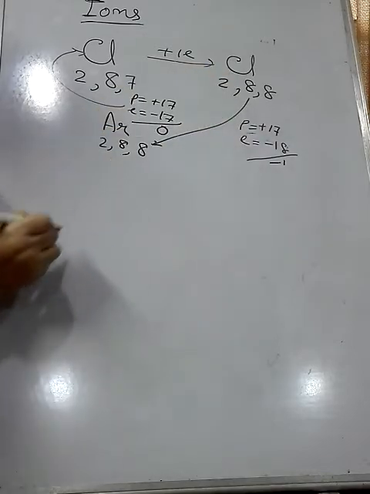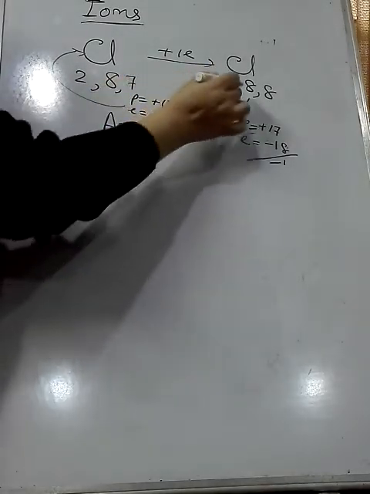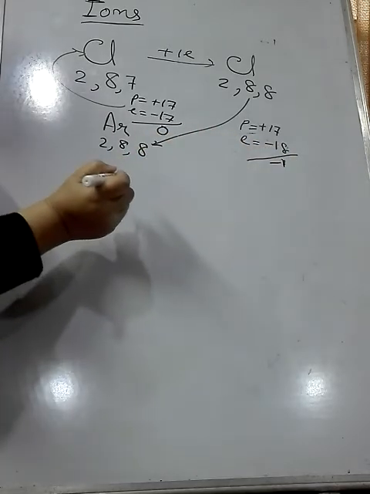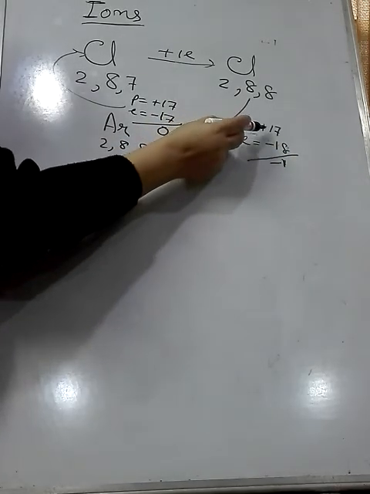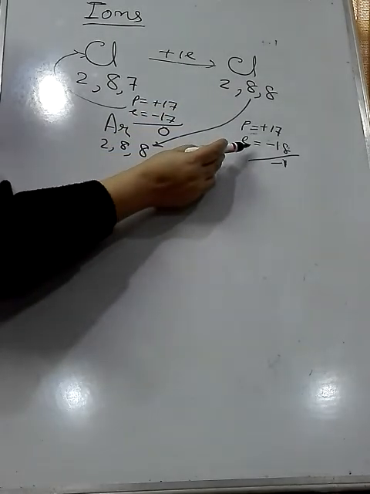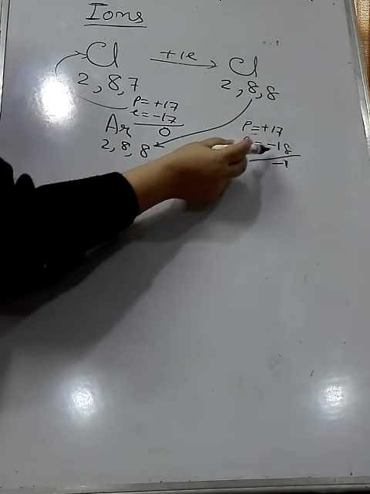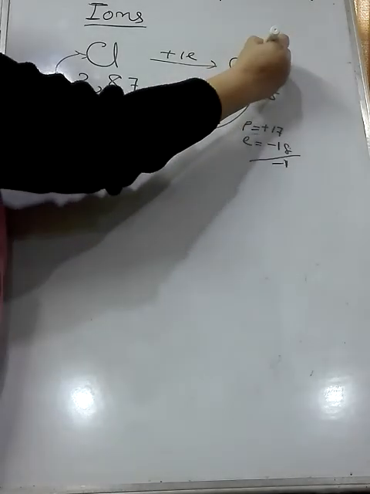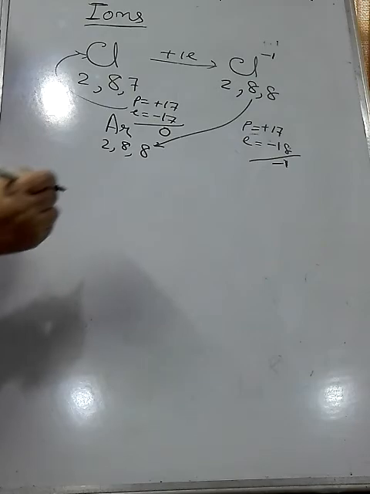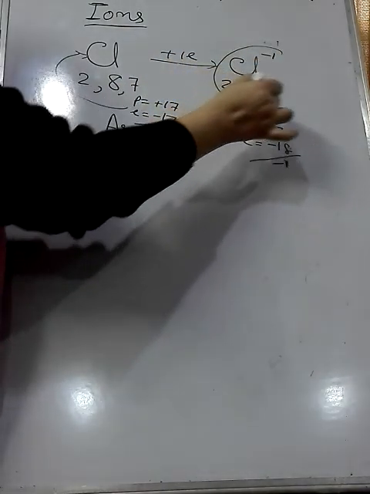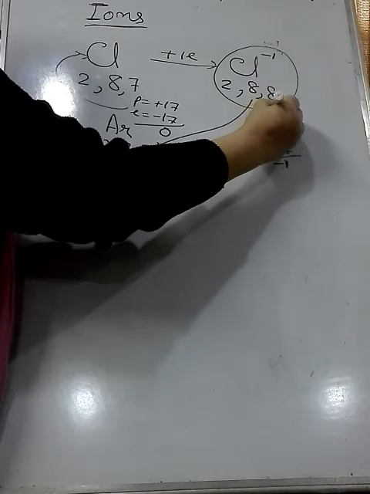But in this species, after accepting one electron, it becomes negatively charged because the net charge is -1. The proton number is the same inside the nucleus, +17, but because one electron is accepted, chlorine has 18 electrons now. So the net charge is -1. That is written by writing minus or -1 at the top right hand side. So this is a negatively charged ion. We call it an anion.